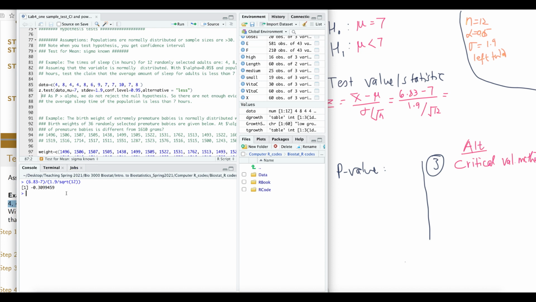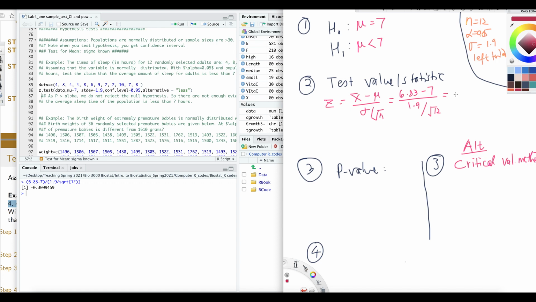If I hit enter, I get negative 0.3099, that is negative 0.31. I'm doing this problem by hand, but usually we will use R for these kinds of things, but you need to know how to do it by hand.